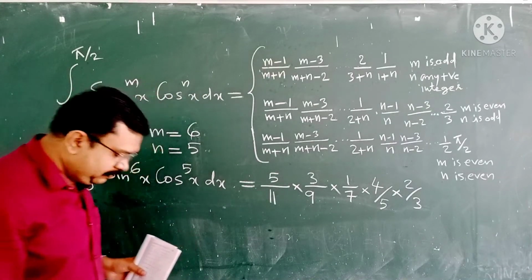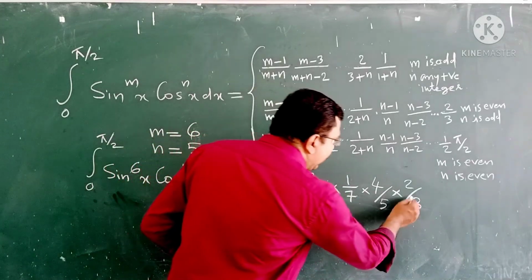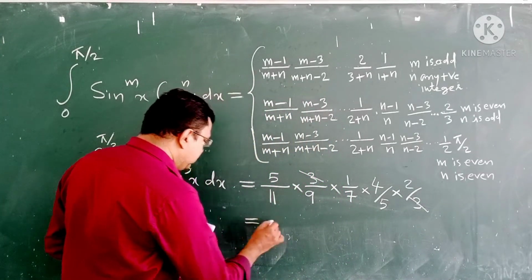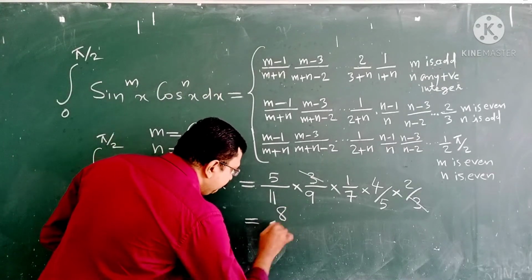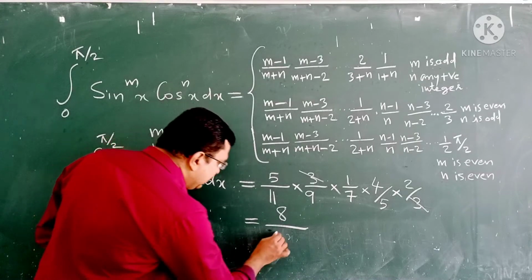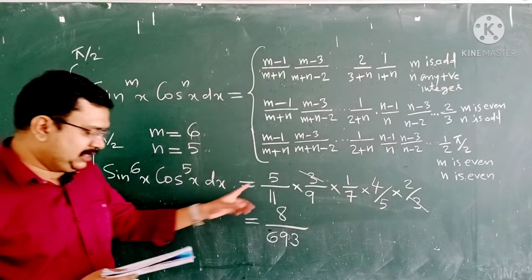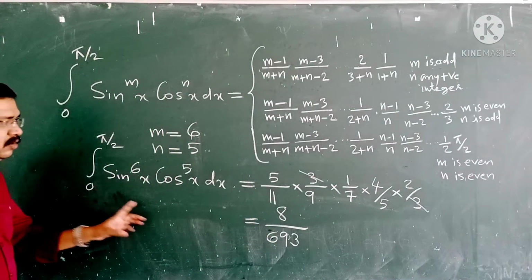When simplifying, we will see that 3 and 3 cancel. Then the final answer is 8 by 693. 8 by 693 is our final answer. This is our third question.